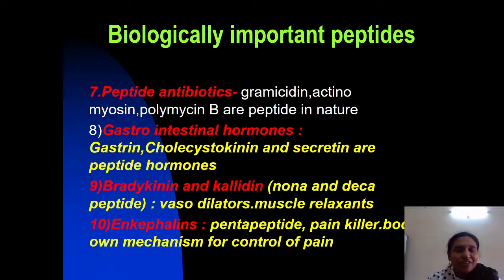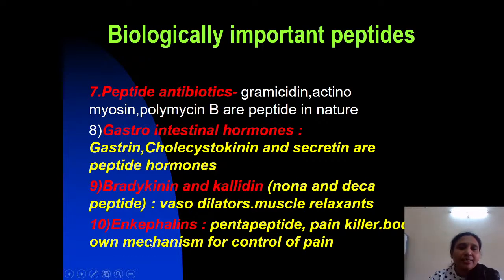The main function of bradykinin and kallidin is that they are powerful vasodilators. Vasodilators cause muscle relaxation, so they dilate the blood vessels and help in regulating the blood pressure.